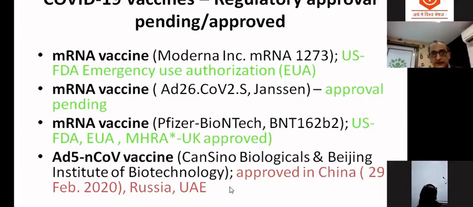And they used it before they could really go to phase 1 trials. Now phase 2 and phase 3 trials are being done in Russia. But in fact, this vaccine changed the course of the disease in China, as you know, in that they could really contain the epidemic.